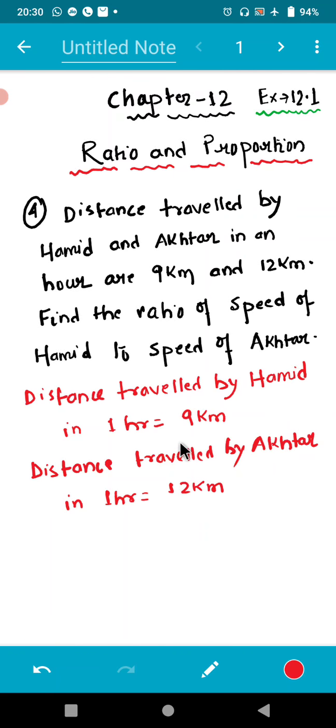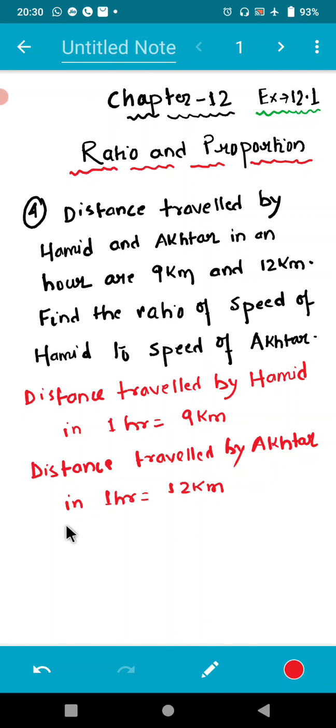Now you see, we will find the ratio of the speed of Hamid to the speed of Akhtar. That is how to find the speed. If Hamid travels 9 kilometer in 1 hour, that means the speed of Hamid is 9 kilometer per hour.